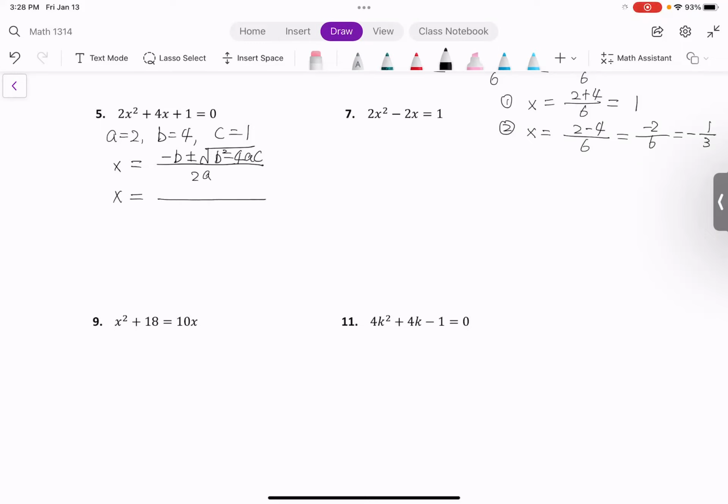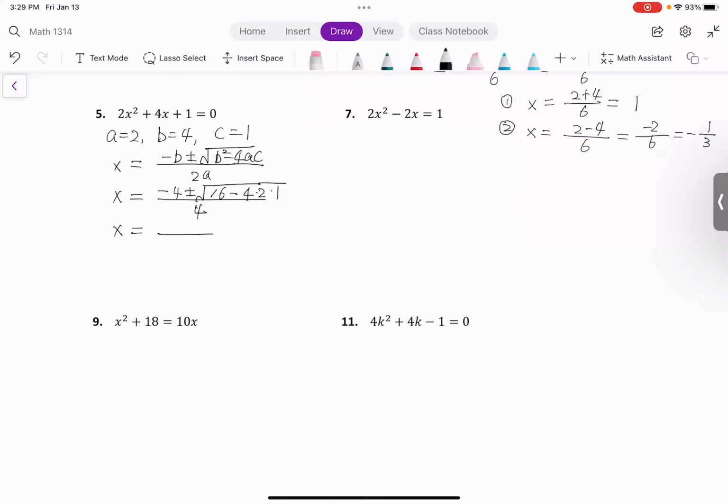Then we put all the ABC's values in the formula. Negative b, that's negative 4, plus or minus square root of b squared, that's 4 squared, that's 16, minus 4ac, 4 times a is 2, c is 1. The bottom is 2a, 2 times 2, that's 4.